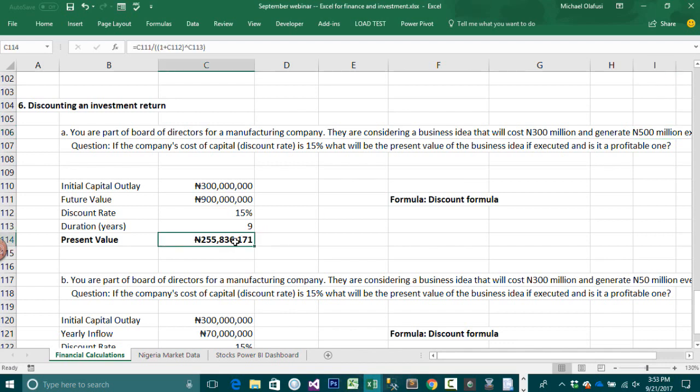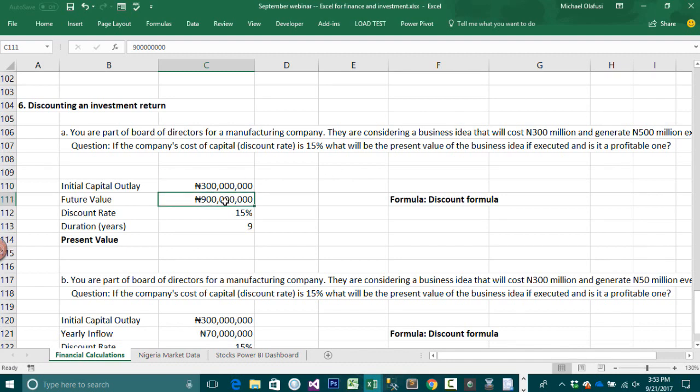So let's now do the calculation. To do this one, you use what we call a discount formula. It's a variant of the compound interest formula. I'll do it in here, you'll see how it works. So let's do it together. This is the initial amount, this is the future value.